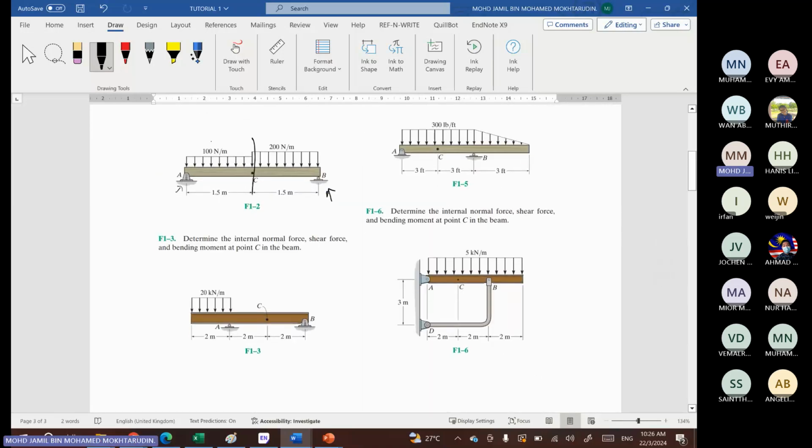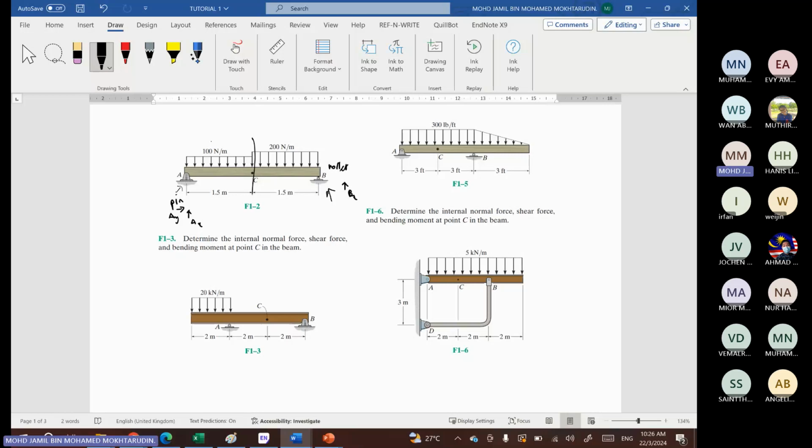So look again, point A is pin. So this is roller. So for pin support, you must have Ax and Ay. So for roller, you only have the direction that the beam is attached on the point, the support.